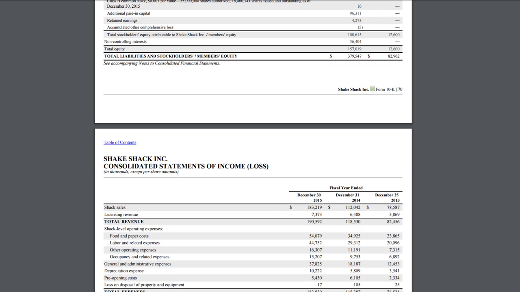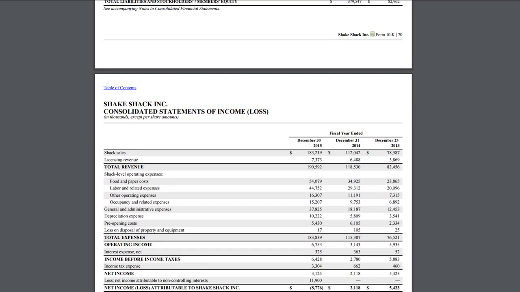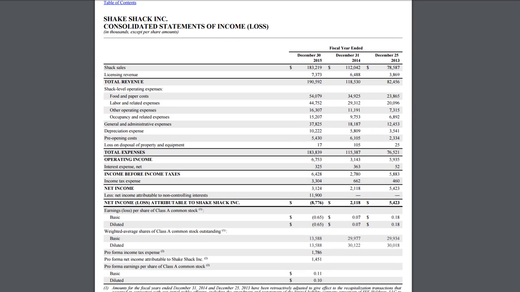There are some simple things here and some complicated things. For instance, let's just look at the consolidated statement of income, or sometimes referred to as the income statement for short. And we see that at the top of that is what's called Shack sales. Well, that's sales of burgers and shakes and all of those things at their shacks.